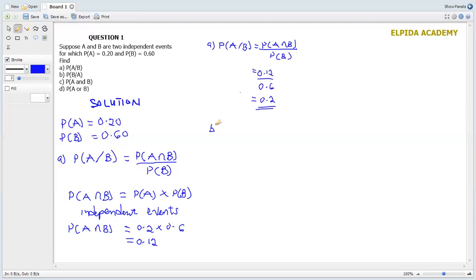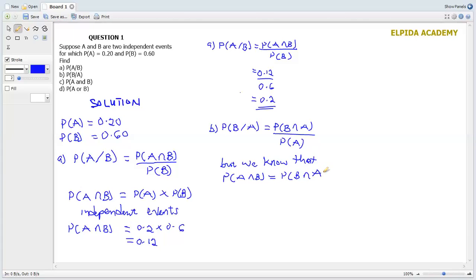So let's come to B. Find the probability of B given A. As we did in the first instance, it's going to be the probability of the intersection, that is B intersection A, all over the probability of the second one, the one given, probability of A. But we know that the probability of A intersection B is the same as the probability of B intersection A. It is just the intersection, right?